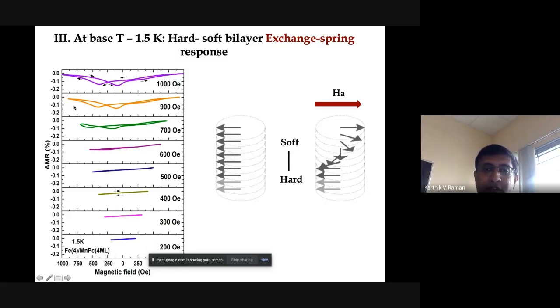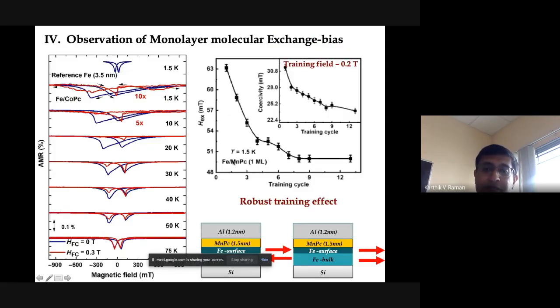Now, this is interesting because you put just one monolayer of your molecule on the surface of iron, and you still observe this effect. We call this the exchange bias effect. What we have done in doing so is that we have been able to drive the response of our film by decoupling the iron, such that the surface iron has an independent magnetic response compared to the bulk.